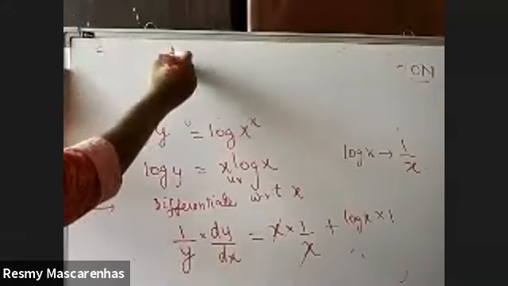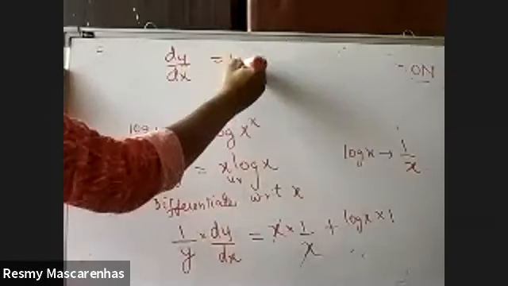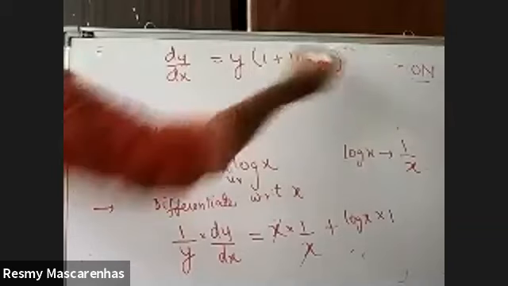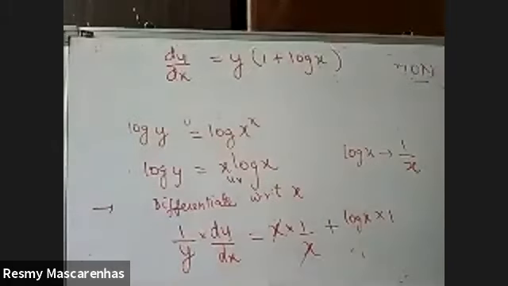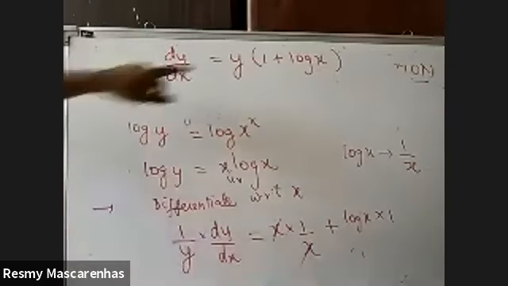So what will be dy by dx? y will come this side. So it will get multiplied. Okay, so like this you will get. And now one last step. Everything should be in terms of x now. So what was the function given to you?